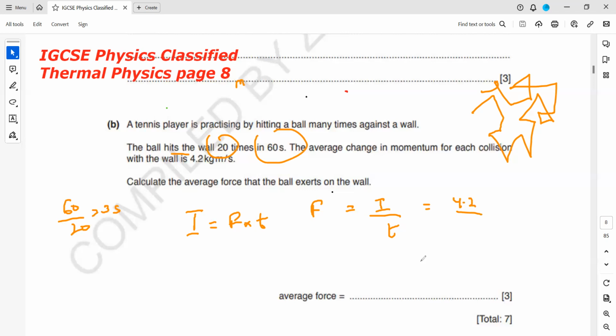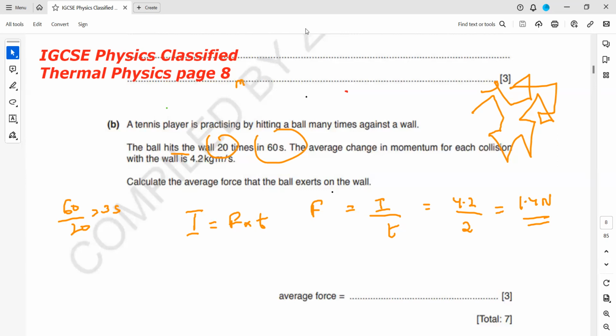It will be the total time interval divided by the number of hits, so 60 divided by 20, which is 3. So 4.2 divided by 3, what will we get? We'll get 1.4 newtons. That will be the force. Is it clear, this part?